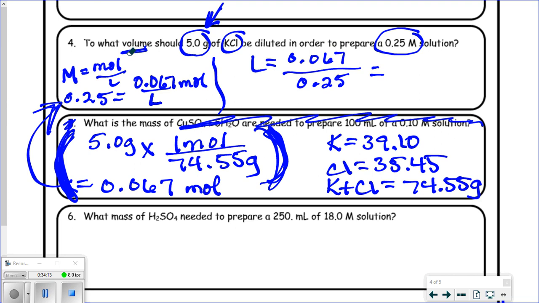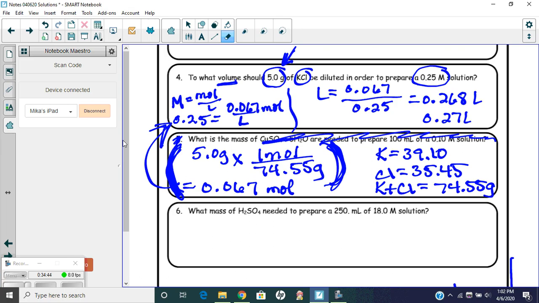So 0.067 divided by 0.25, and I get 0.268 liters. Now I should only have 2 sig figs, so 0.27 liters. So what I've shown you is the 3 different scenarios you could get for one of these problems.